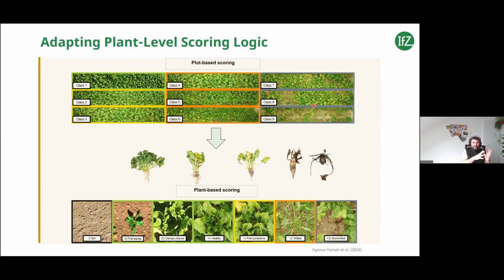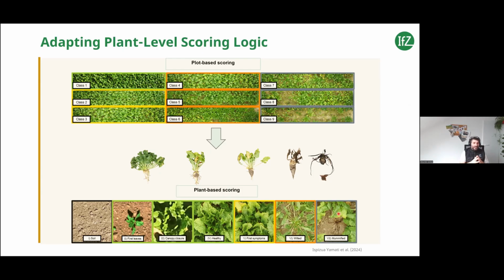At the plant level, we adapted the original scoring from 1 to 9, because it was not possible to have 9 classes here. We take fewer classes to try to score better: healthy, first symptom, wilted, and mummified classes. Mummified is when the plant is completely brown, black, and diseased.